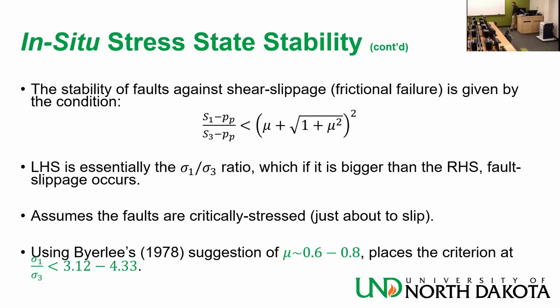It basically assumes that the worst case scenario does exist everywhere, because there are infinite possible orientations and conditions that a fault can exist in a rock, and it does exist basically.